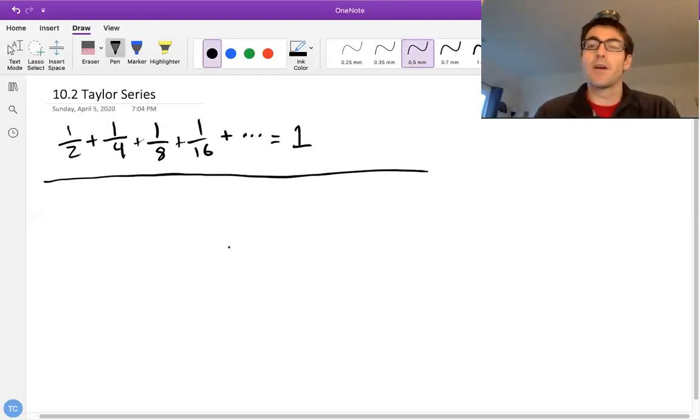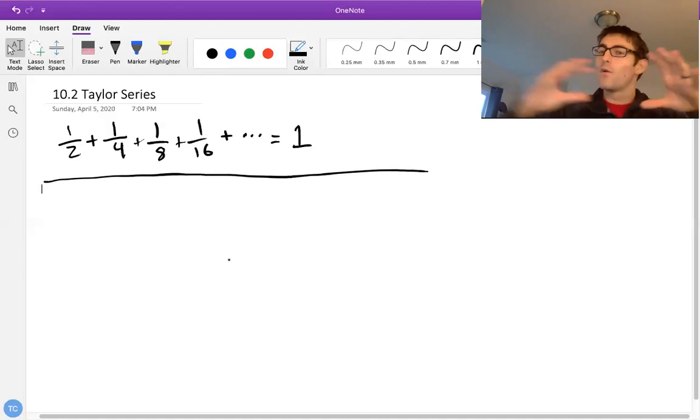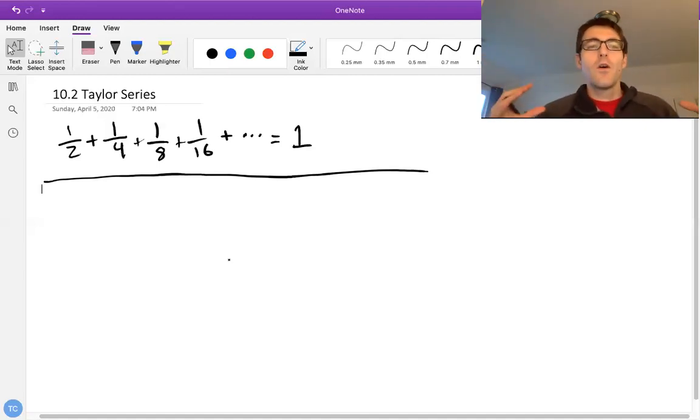They get better and better as you add more terms. All right, so this shouldn't really be a shocker, but the idea is, if rather than adding just a finite number of terms together, we let this go infinitely far out, then we're actually going to say that this sum of a whole bunch of polynomials equals the function in question.